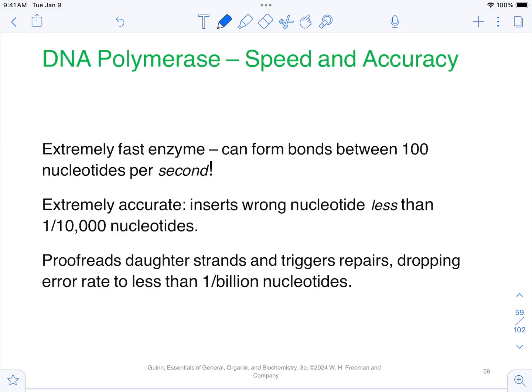And it proofreads daughter strands, and it tells itself to fix itself, and then the error rate is even lower, 1 in a billion nucleotides. Now, mistakes can still happen with this, which is why we do have some mutations in our DNA. So it is not perfect, but it is very good and very fast.